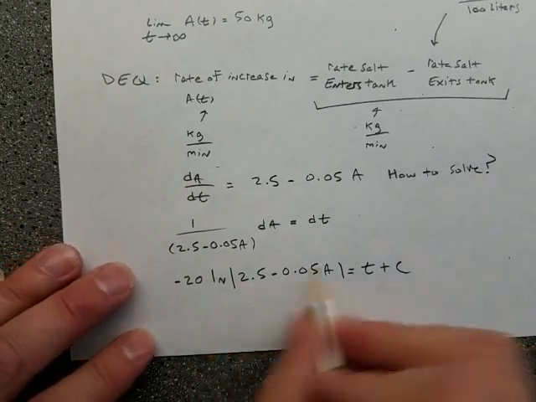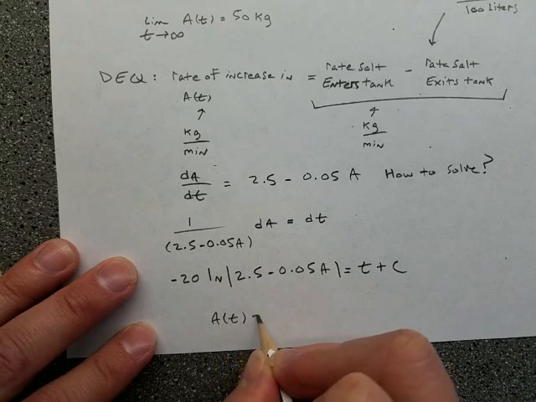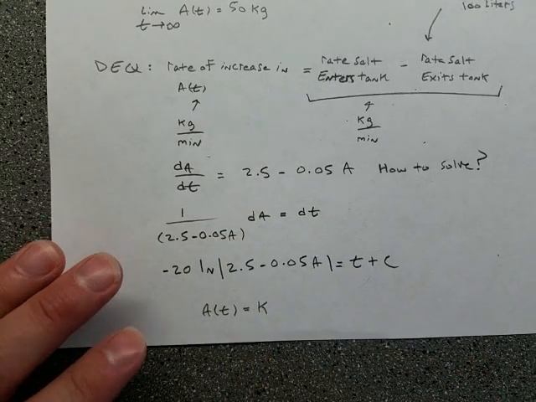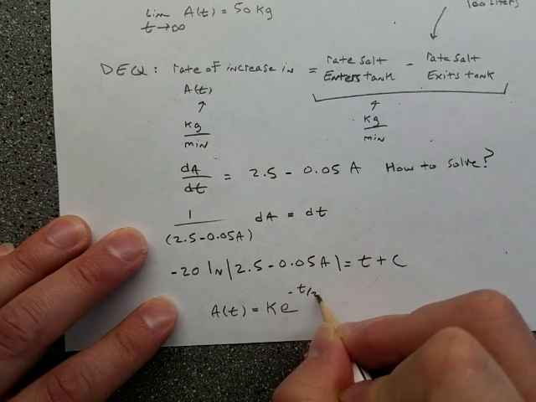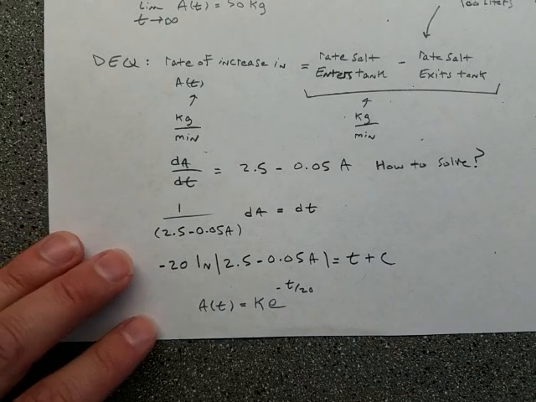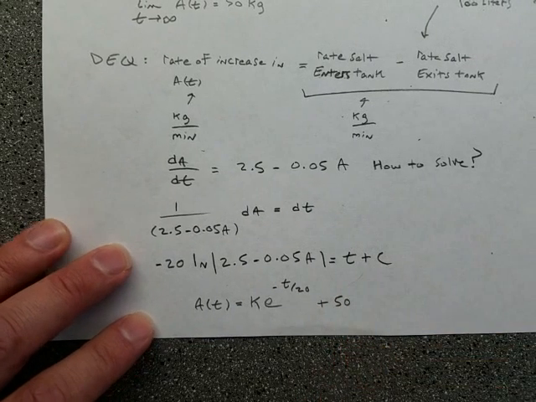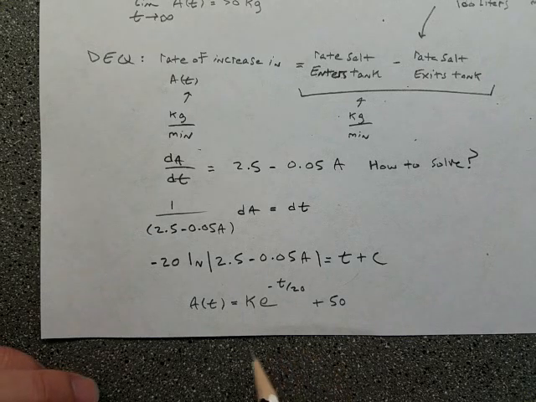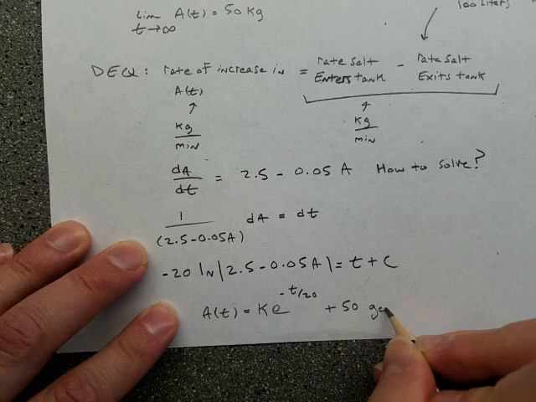So if I go through the usual procedure, I'll get a of t is, now I get this constant coefficient, we'll call it k, e power negative t over 20, and then plus 50 is how it's going to work out. All right, so there it is. And what would we call that? We would call that the general solution.